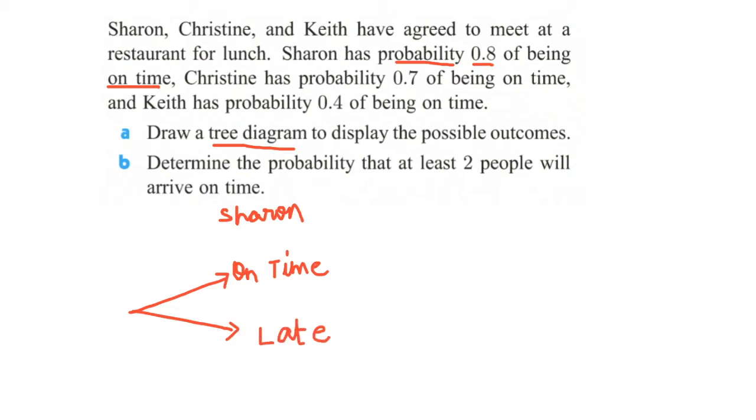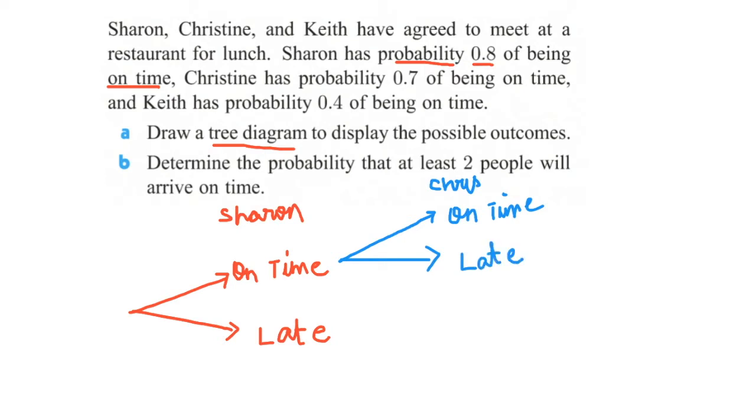First I'm going to write this information. So if Sharon comes to the restaurant on time, then for the second friend, we have two possibilities. Christine could be on time or Christine will be late.